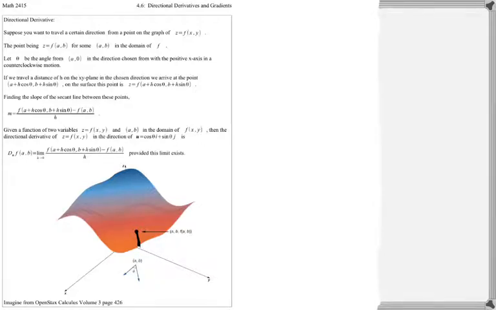Given a function of two variables, z equals f of x, y, and a, b in the domain of f, the directional derivative of z equals f of x, y in the direction of the unit vector u equals cosine theta i plus sine theta j is, and so this is the notation, the directional derivative of f at a, b in the direction of u is equal to the limit as h goes to 0 of f of a plus h cosine theta, b plus h sine theta, minus f of a, b, all over h, provided this limit exists.